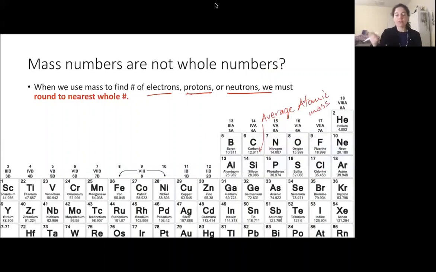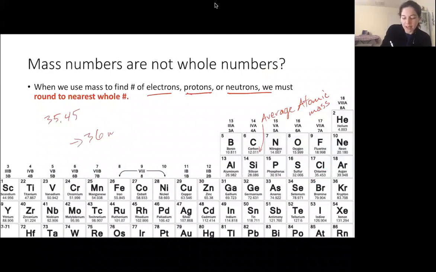So for chlorine, 35.45, we're going to need to round to the nearest whole number. In this case, if we round up, you'll see that this gives us 36. So we're going to need to round up to 36.